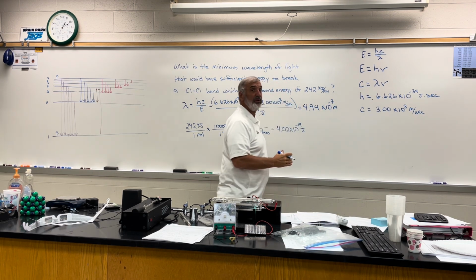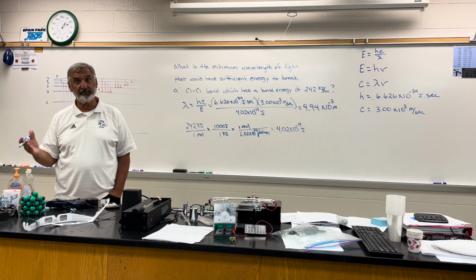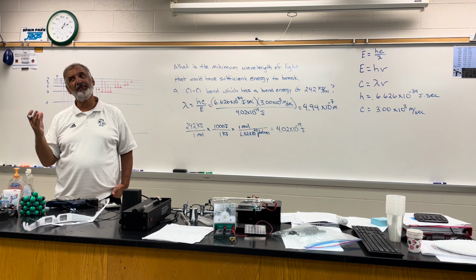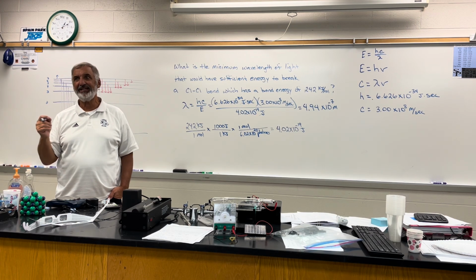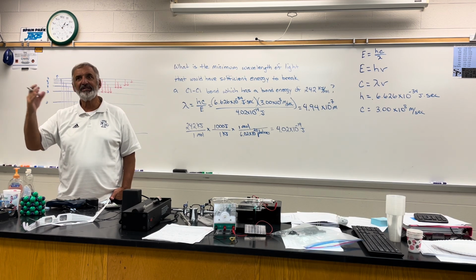But generally we do visible light in terms of nanometers. How many nanometers are in a meter? 10 to the 9th. It seems to me like there's one question on AP tests in the past couple of years where you actually had to know that. Nano is 9.